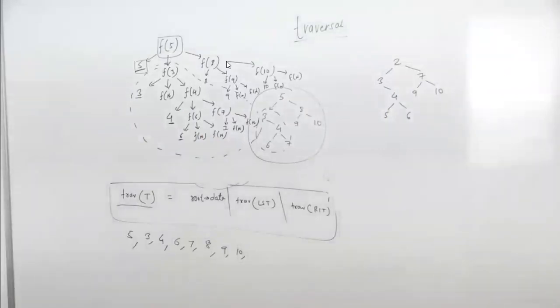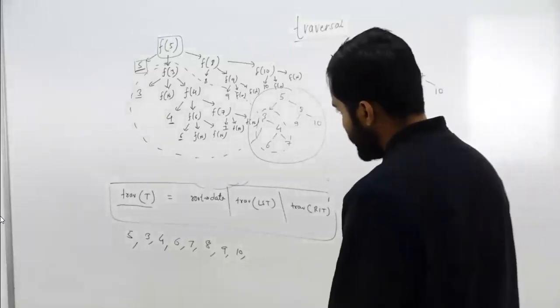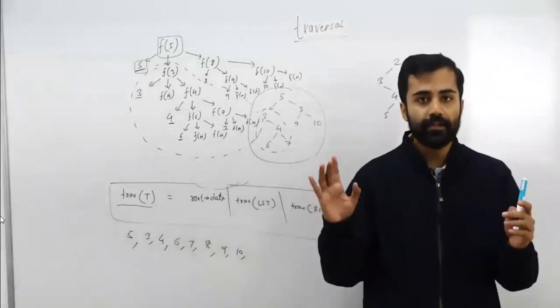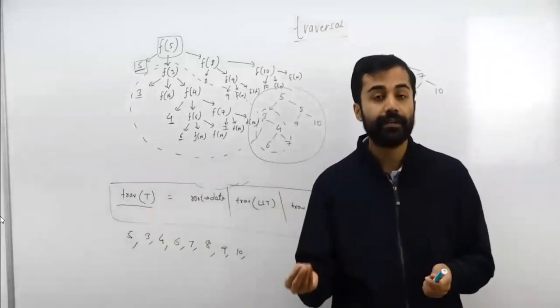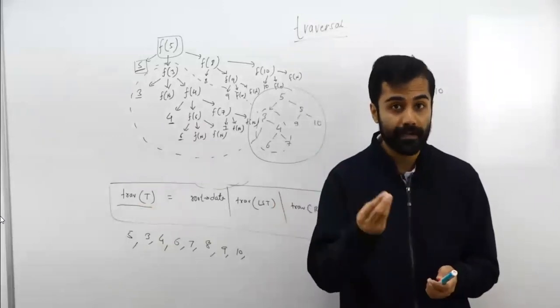That's great. One of you is asking, can you please confirm what will happen when a node has more than 2 branches? Here we are talking only about binary trees. When you are talking about a ternary tree or a generic tree, then the situations will be different. Then you have to define what your pre-order is.